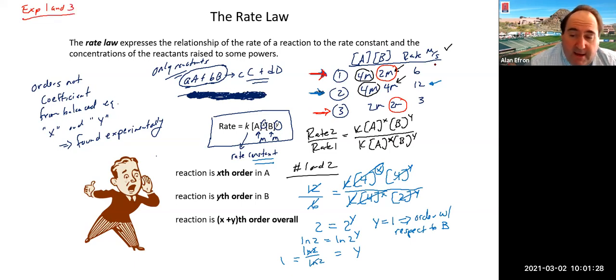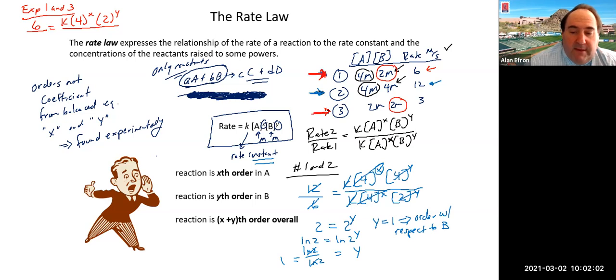Again, looking at my rate values, I see that number 1 is the larger rate. So I'm going to put all the information for number 1 up on top in my made up example. That means my rate is 6, equal to k times the concentration of A in number 1, which is 4 to the X, and B, which is 2 to the Y. All that information comes from entry number 1 in the table.